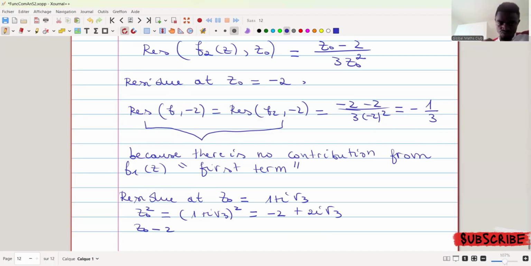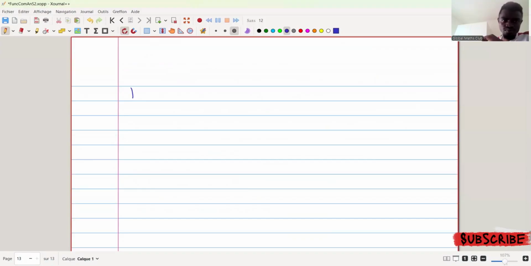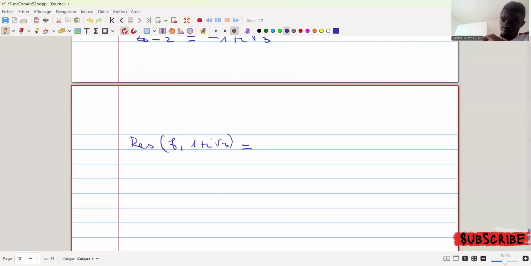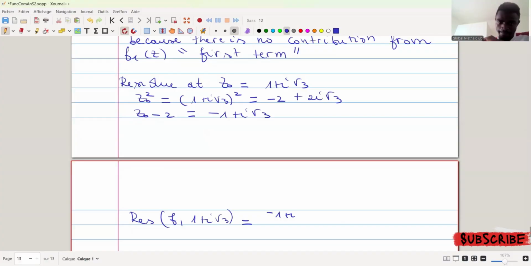Now what is z naught minus 2? So this is then equal to... There's a 3 somewhere, so you can see that you can simplify it. What is down there is twice what is up.